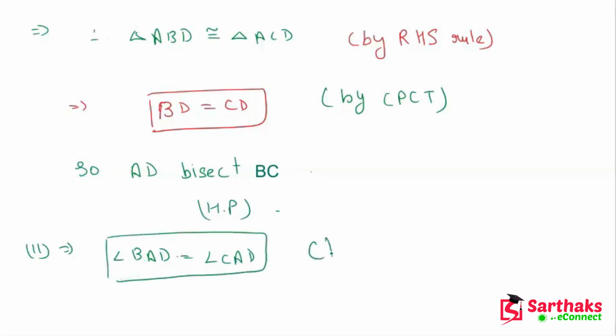So this is by CPCT. Hence AD bisects angle A. Hence proved. So my dear friends, I hope you understand these things.